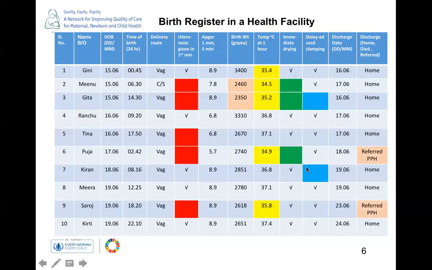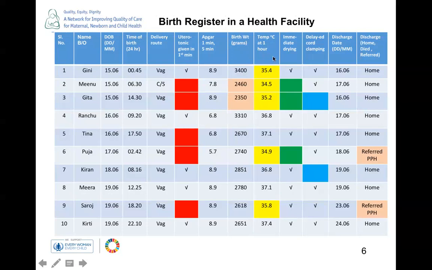We notice gaps in quality. See in red blocks here, out of the 10 deliveries which have taken place, uterotonic has been given only in 50% during the first 1 minute. Look at the yellow blocks here. Babies at 1 hour of age who are hypothermic, temperature below 36.5, is in nearly 50% of the newborn babies.